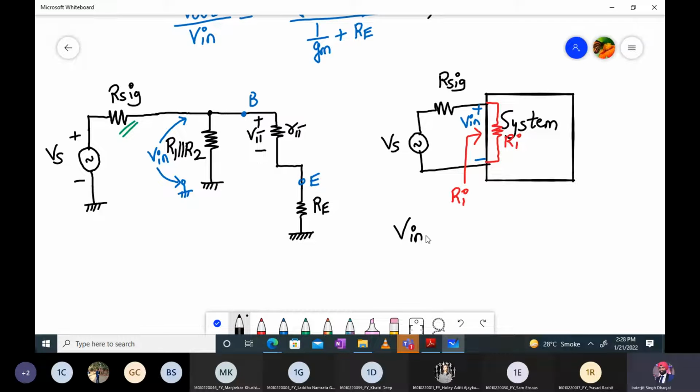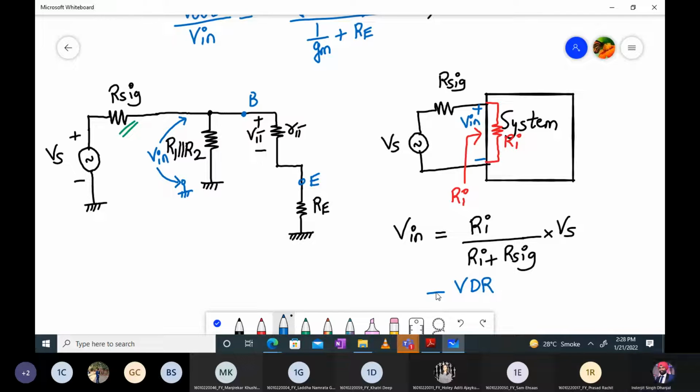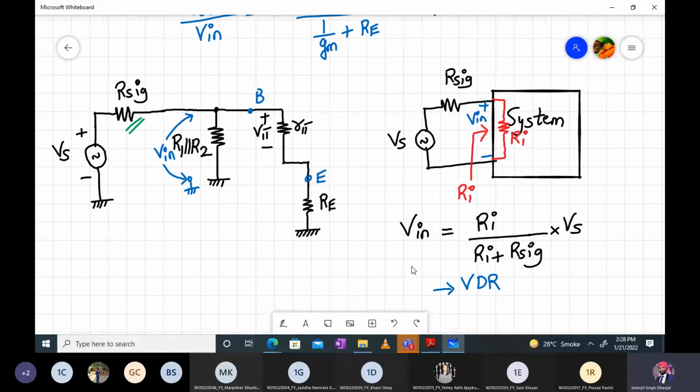By the voltage division rule, V in will be equal to Ri divided by Ri plus RS, correct? Into Vs. By the voltage division rule, this is what we get. So we have V in upon Vs as Ri upon Ri plus RS.